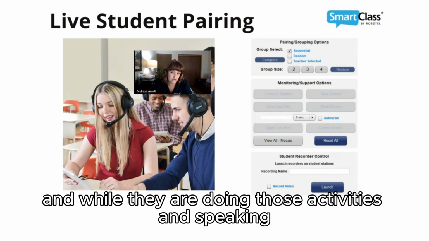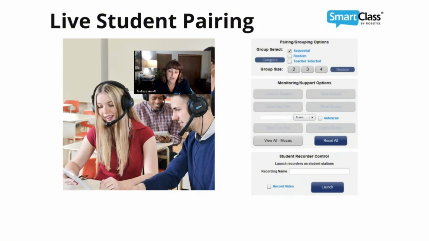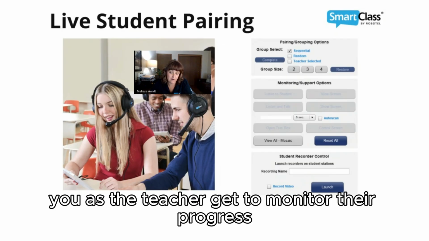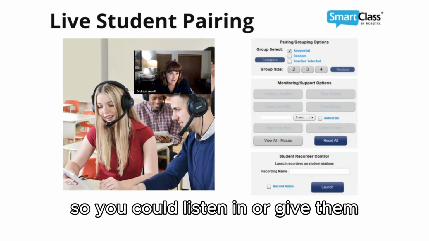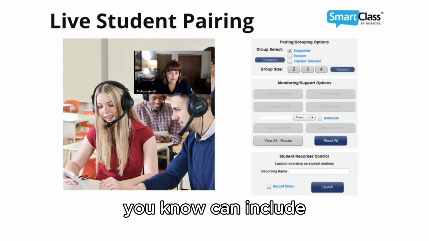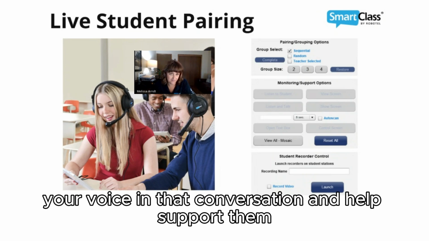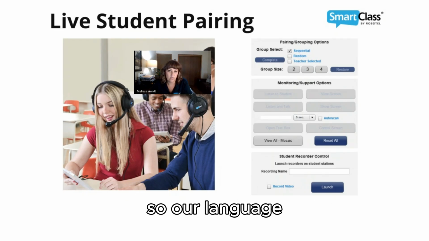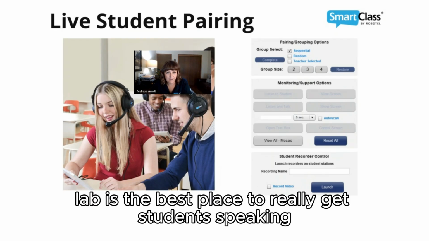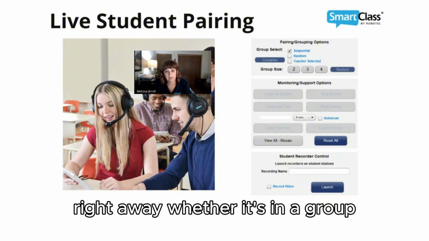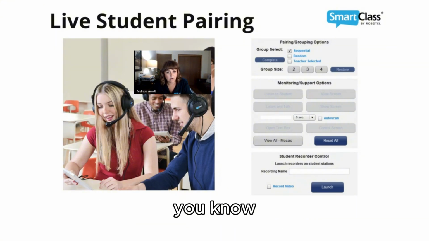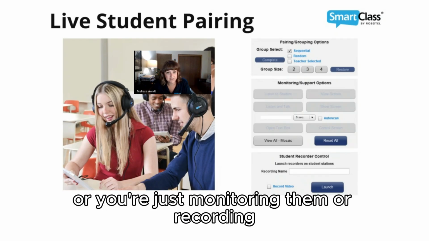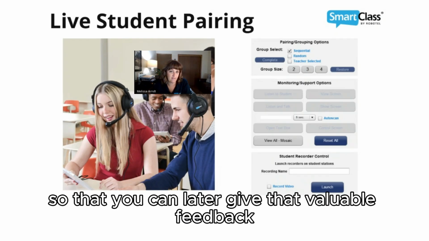And while they are doing those activities and speaking, you as the teacher get to monitor their progress. So you could listen in, or include your voice in that conversation and help support them or monitor what they're doing. So our language lab is the best place to really get students speaking right away, whether it's in a group, with our pairing and grouping, or if you're just monitoring them or recording so that you can later give that valuable feedback.